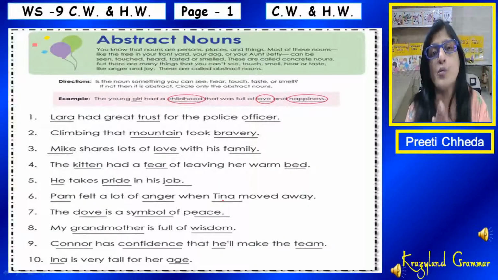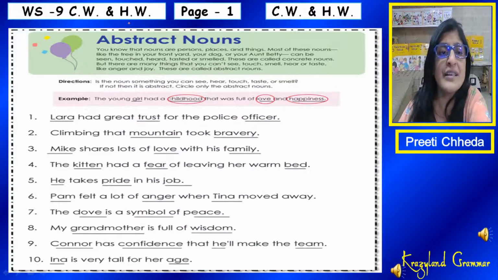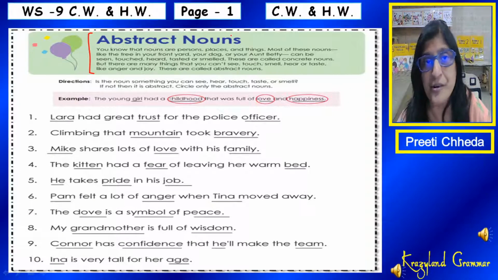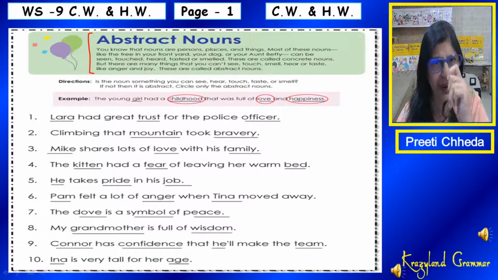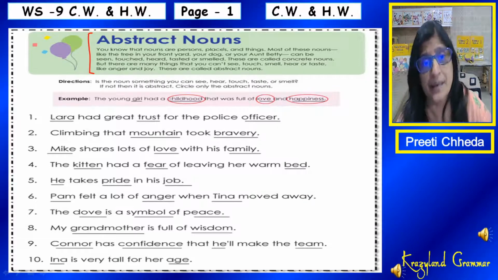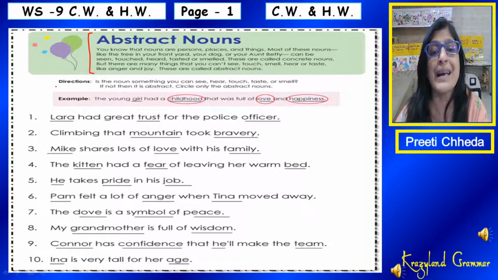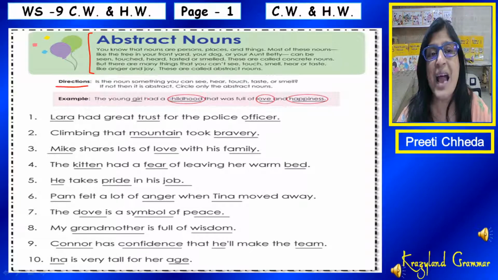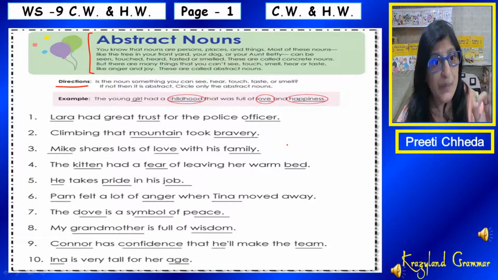Now when this worksheet is there, you need to read this upper part before you start doing. So this is telling you what is an abstract noun and what is a concrete noun. Please read. The more you read, the better it is. So okay, now we go to the direction. Is the noun something you can see, hear, touch or smell?